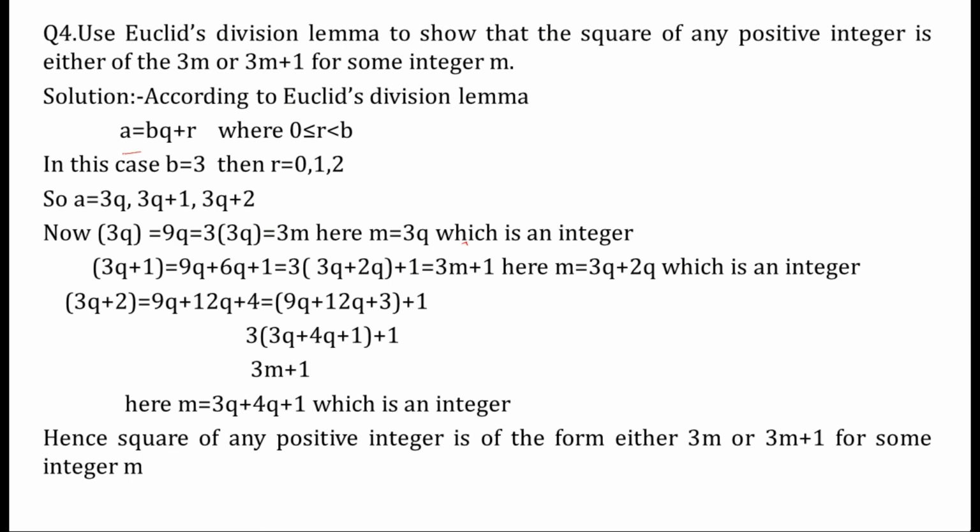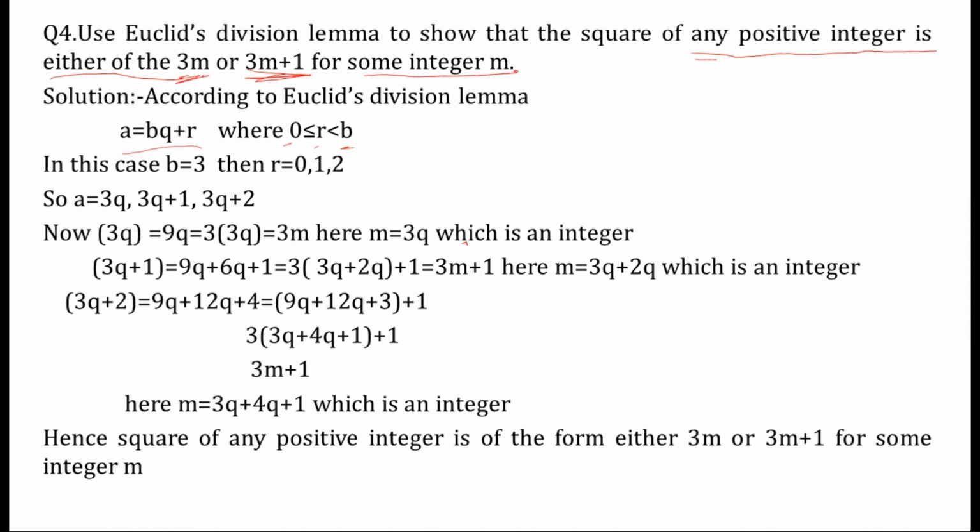We know that a = bq + r, where r lies between 0 and b. In this case, we have to show that the square of any positive integer is either of the form 3m or 3m + 1 for some integer m.